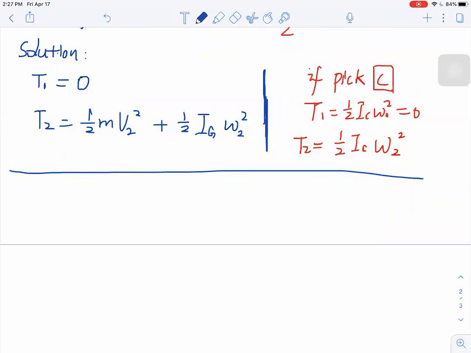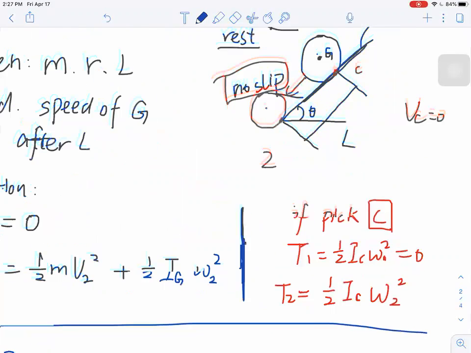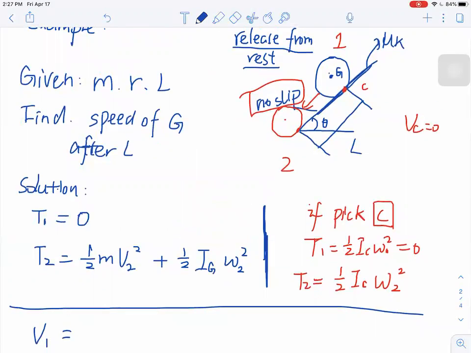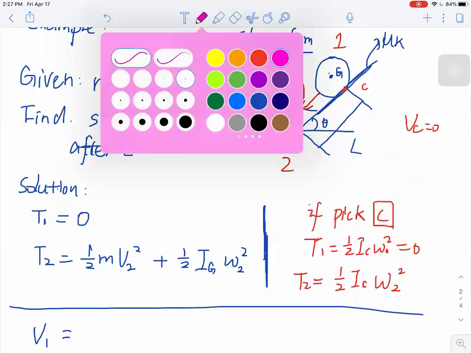After kinetic energy, let's look at what is the potential at position 1 and potential at position 2. So what are the potential energies we have? Since we know this disk has a mass, at position 1, it depends on how we set up our datum for zero potential.